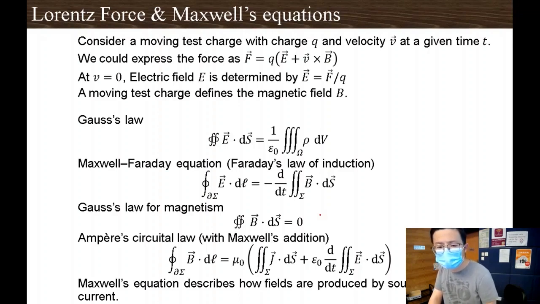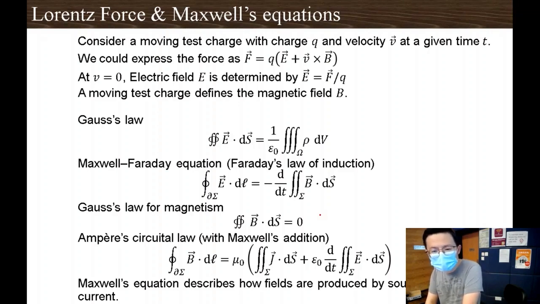What I mean is that we can consider a moving test charge with charge q, moving at velocity v. Now we can write down the Lorentz force expression as F = q(E + v × B), right? This Lorentz force is one of the equations accompanying Maxwell's equations, and you are supposed to use it in your exams.